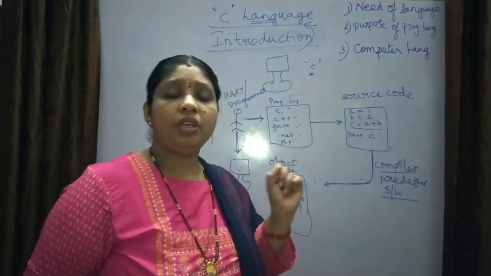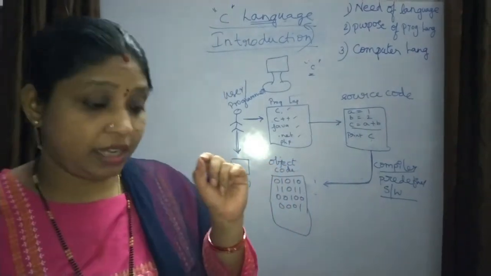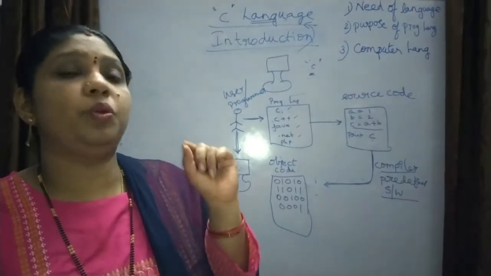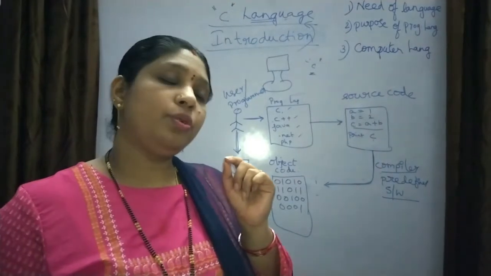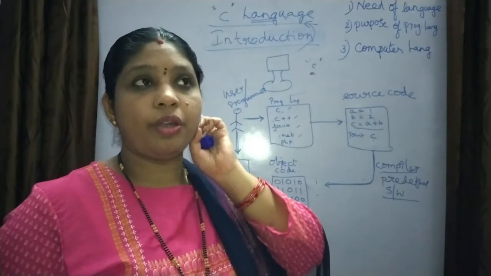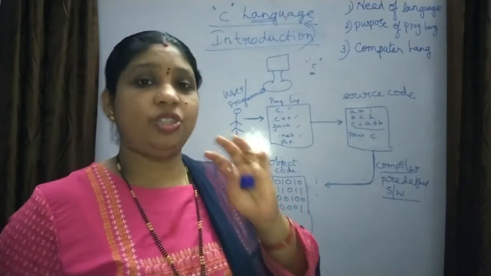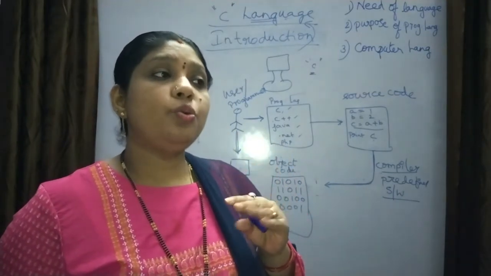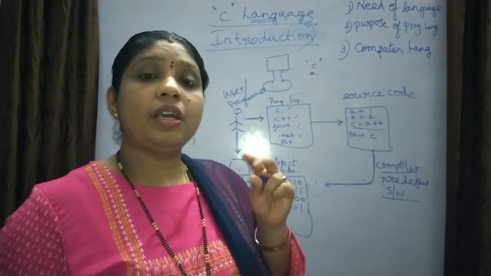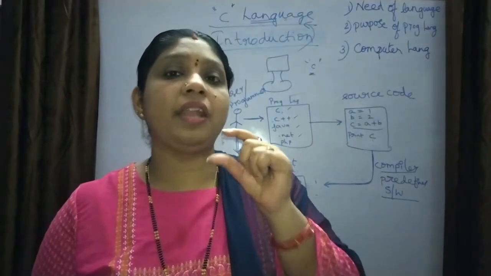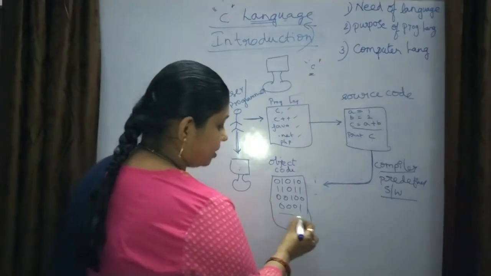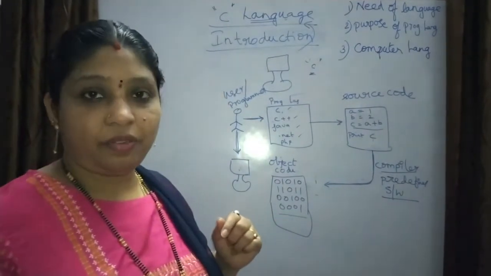You might be getting some idea. When you first learned about computers, in smaller classes or when you first touched computers, you might have learned that the computer understands only binary language. So this is the binary language.